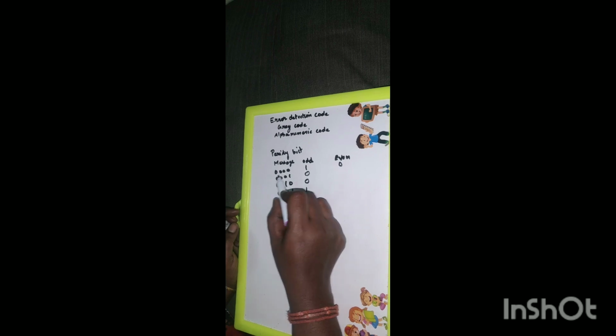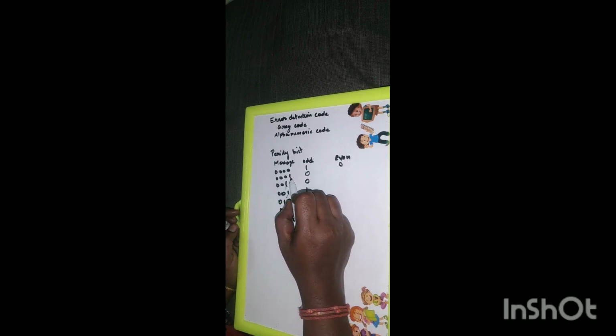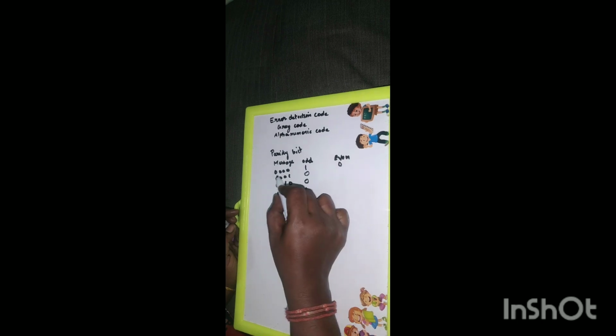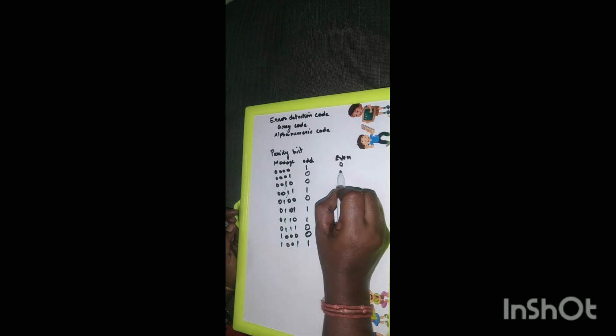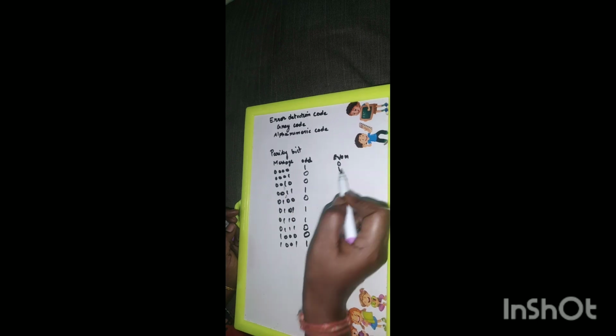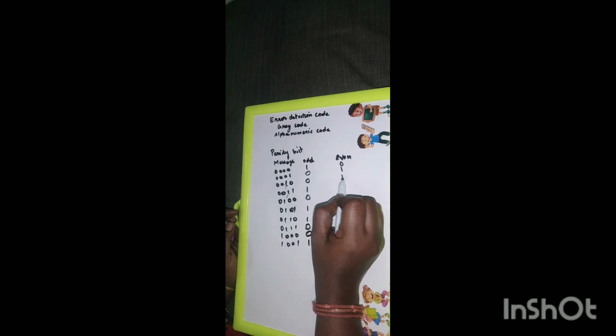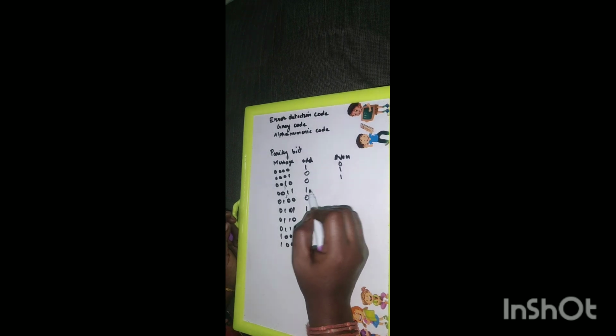Here there is an odd number of ones, and I need an even number of ones in the message, so I add 1 to the message, then it becomes an even number of 1s. The next is also an odd number of 1s, so in order to make it even, I add even parity as 1.